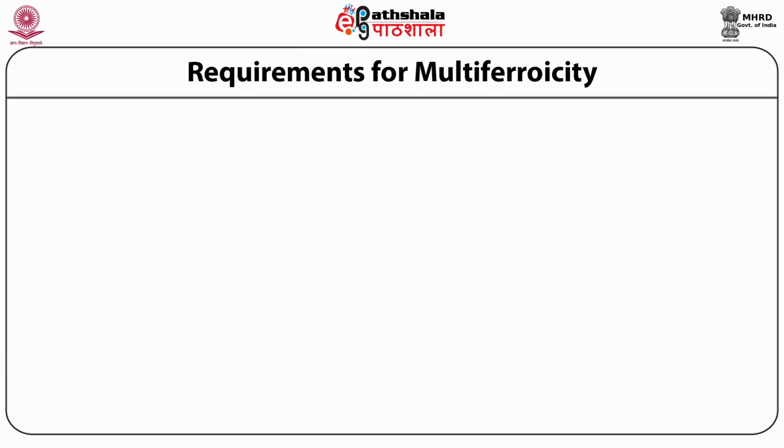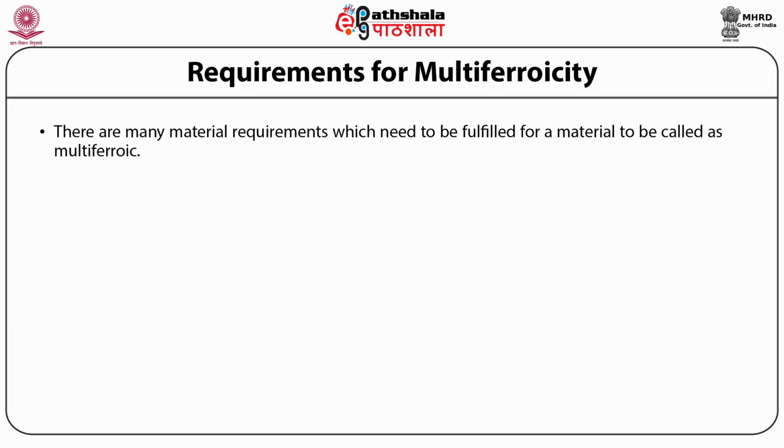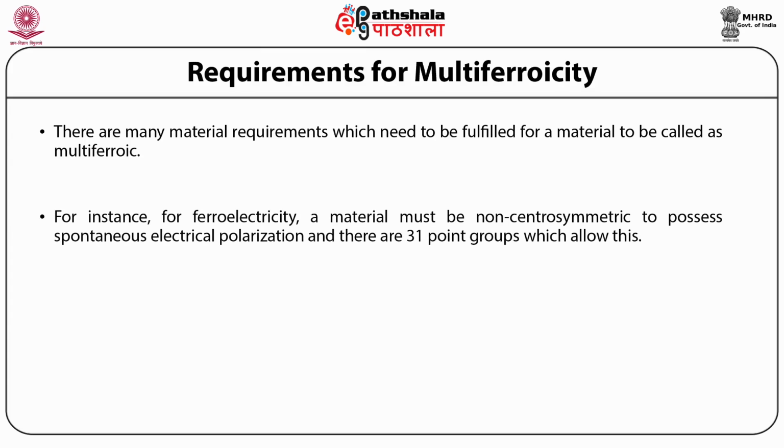So students, now we will discuss the requirements for a material to be multiferroic. There are many material requirements which need to be fulfilled for a material to be called multiferroic. For instance, for ferroelectricity, as we have already discussed, it must be non-centrosymmetric to possess electrical polarization, and there are 31 point groups which allow this.